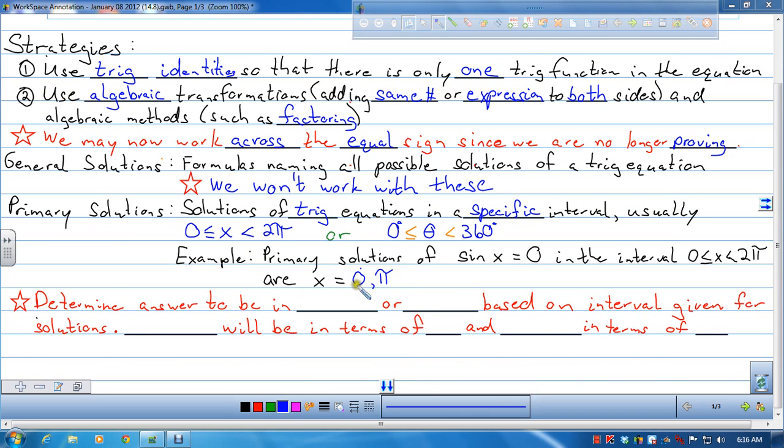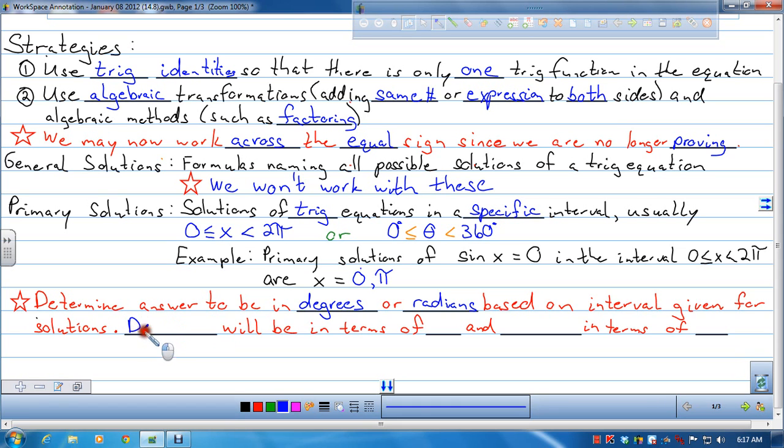Now, you notice I used radians here, and there's a reason for that. In order to determine whether your answer needs to be in degrees or radians, it's going to be based on what your symbol is, what your variable is.